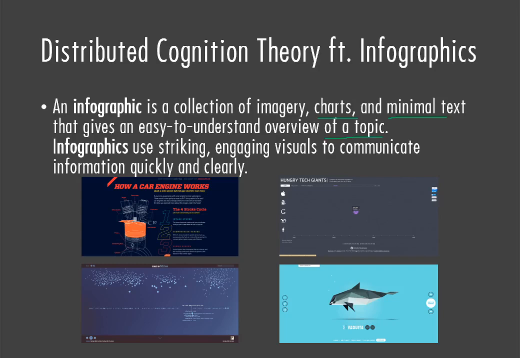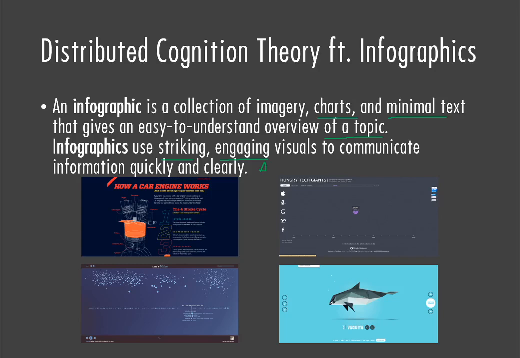Infographics use striking, engaging visuals to communicate information quickly and clearly. To distribute cognition, as I said, we have to design a picture that is worth 1,000 words, and that is it. An infographic is a picture that conveys 1,000 words.